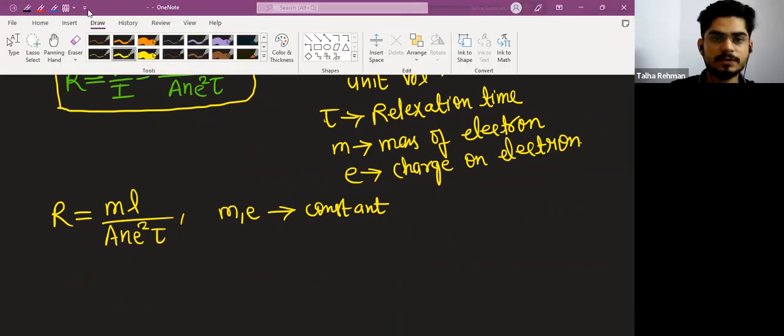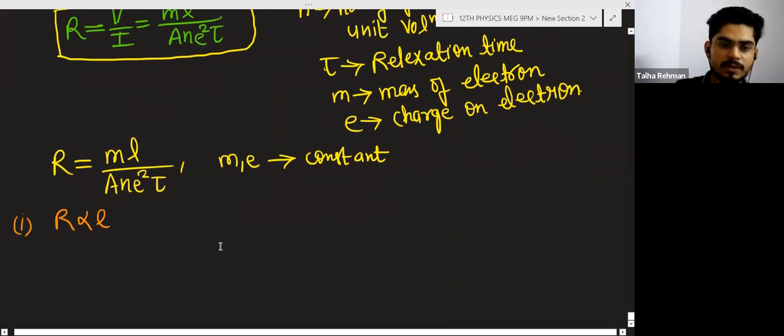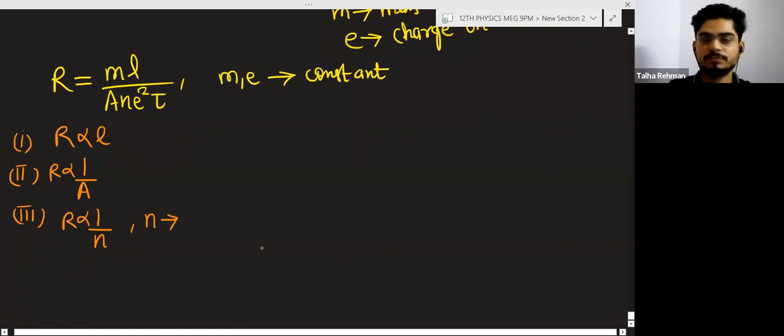This formula is very important. So I can say, number one, since m is constant, resistance is directly proportional to length. Secondly, resistance is inversely proportional to area. Thirdly, resistance is inversely proportional to small n, and remember that this small n is a property of the material.